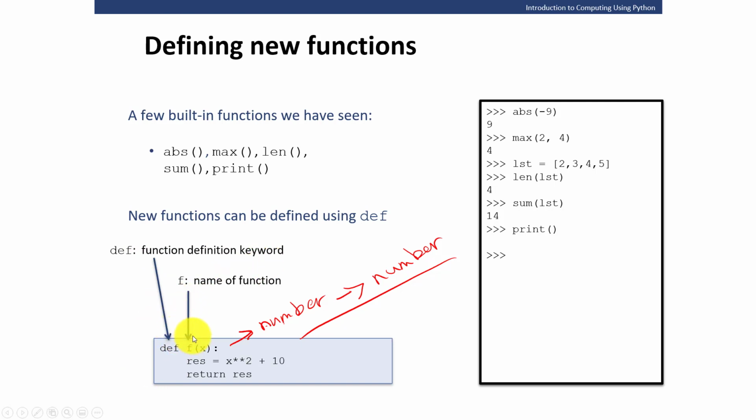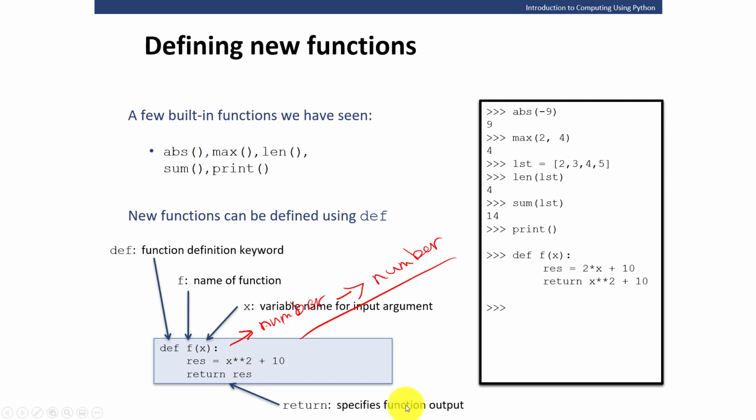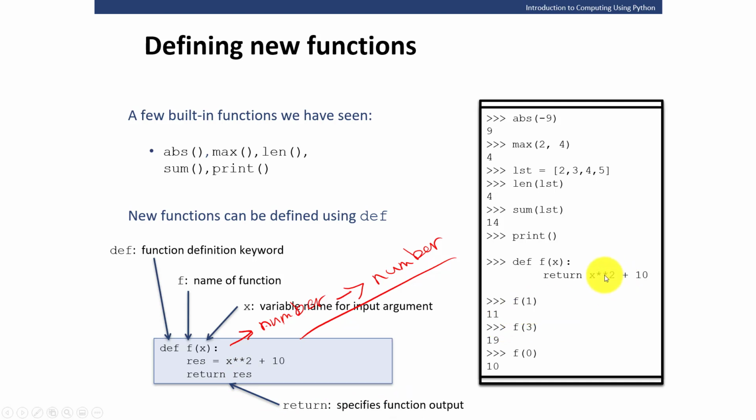This is the name of the function. This is the variable name of the input argument, and this is the return that specifies the function output. Suppose that I have 1, 1 to the power 2 plus 10, that's 11. If I have 3, it's 9 plus 10, it's 19. If I have 0, it's going to give you 10.